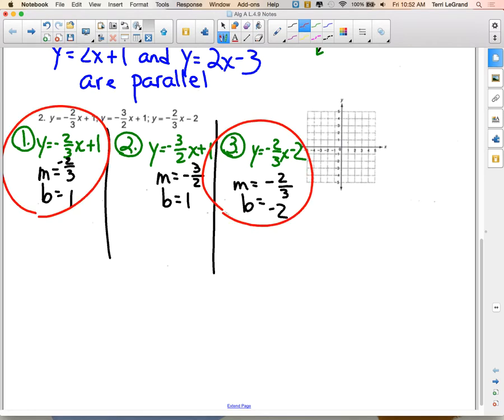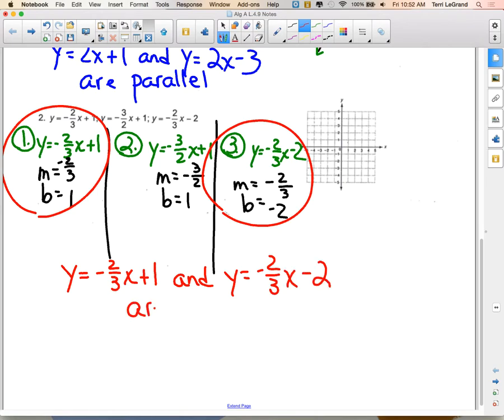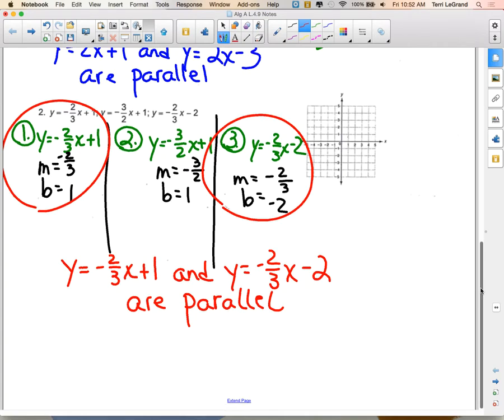Before we graph them, here's what we believe: that y equals negative 2/3 x plus 1 and y equals negative 2/3 x minus 2 are parallel. And then we'll go graph it to support our answer.